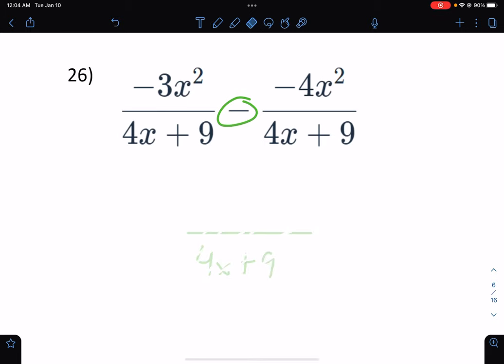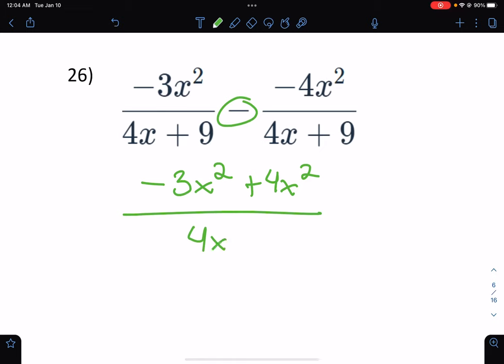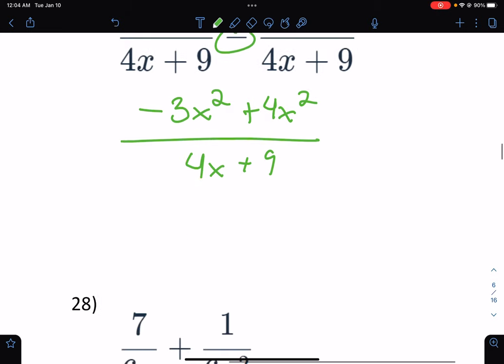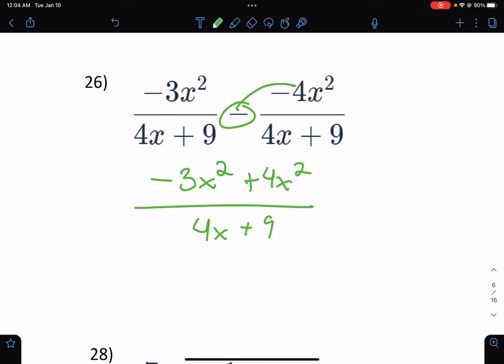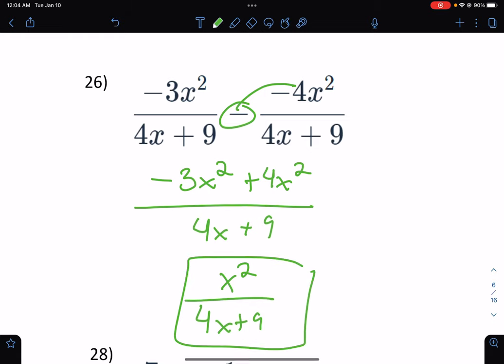So really what we're going to end up with is negative 3x squared plus 4x squared all over our common denominator of 4x plus 9. Because what I had to do there was distribute. -1 times -4 is going to be positive 4x. Then we do have like terms on top, so we can combine those, and we get x squared all over 4x plus 9.